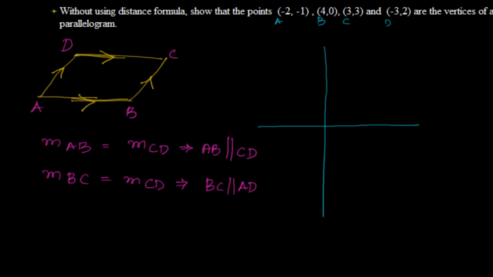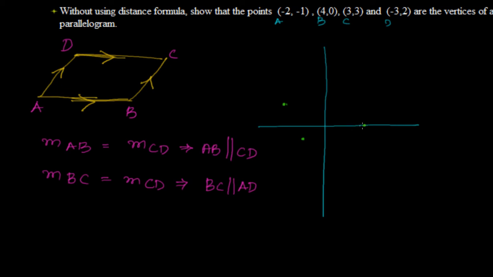We have A at -2, -1, so somewhere here. Then we have -3, 2, so we have -3 and 2 somewhere here. Then we have 4 comma 0, that's another point.